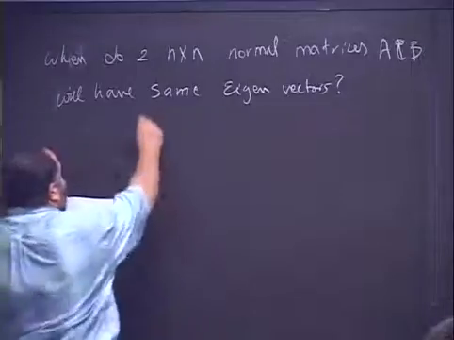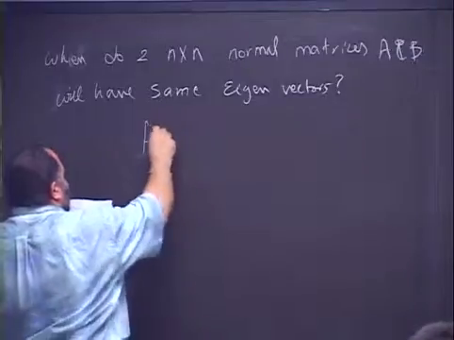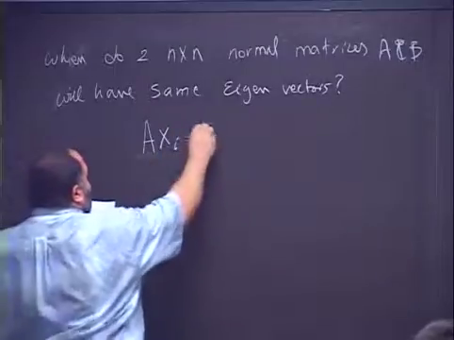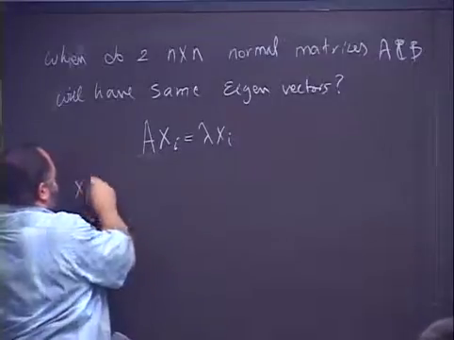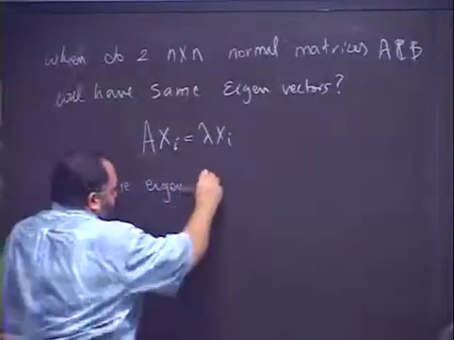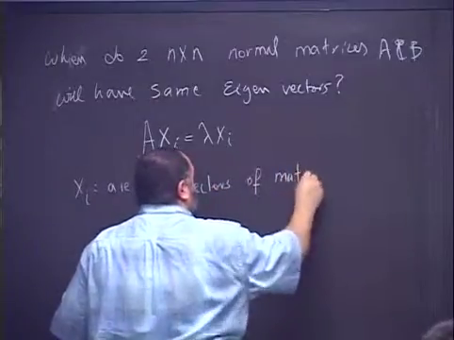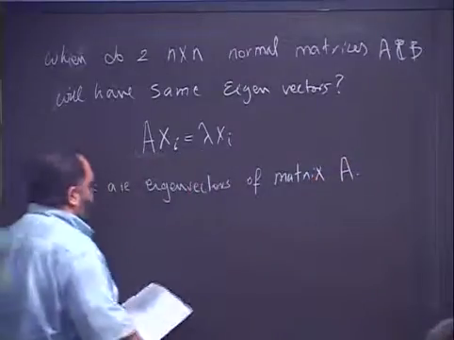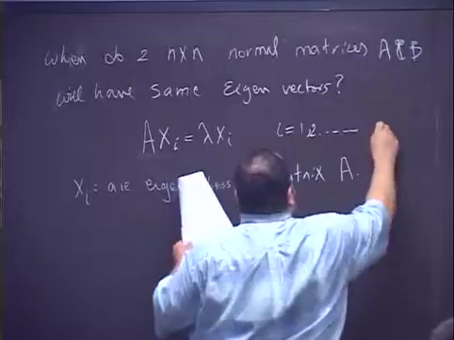For the matrix A, the eigenvalue equation is just A operated on Xi equals lambda i Xi, where Xi are the eigenvectors of matrix A, and i goes from 1 all the way up to n.